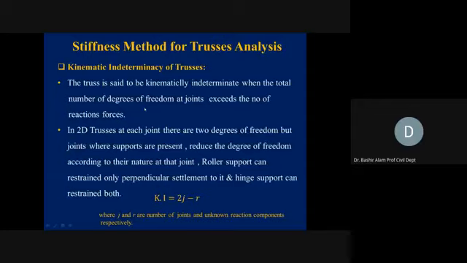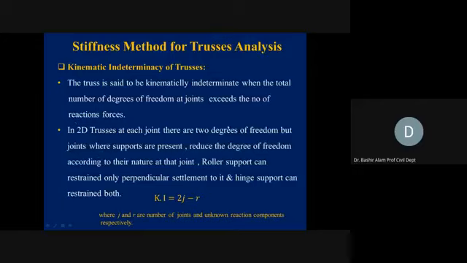Now, when there is a reaction, it means there is no freedom to displace. So kinematic indeterminacy in that particular direction becomes equal to 0. So, this is how it is phrased here. In 2D trusses, at each joint, there are 2 degrees of freedom. And which ones are those 2 degrees of freedom? It is translation in the horizontal direction and translation in the vertical direction.